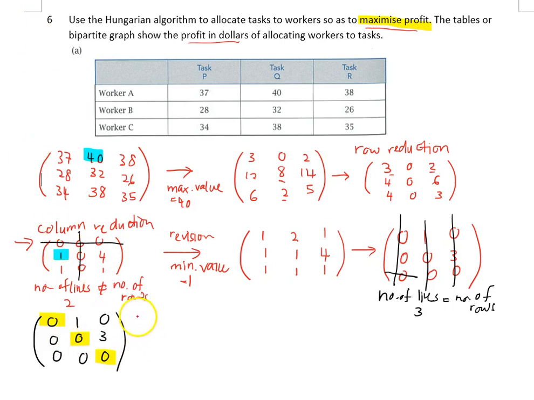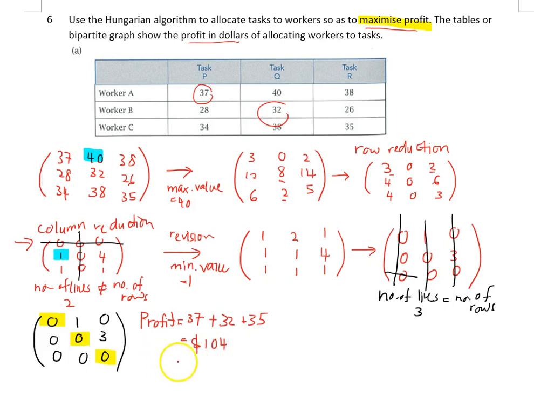Okay, what is the profit? Profit, refer back to the original. This circle, refer back to 37. So 37 plus the middle one, 32, plus 35. So the answer you get, remember the dollar sign, is 104.